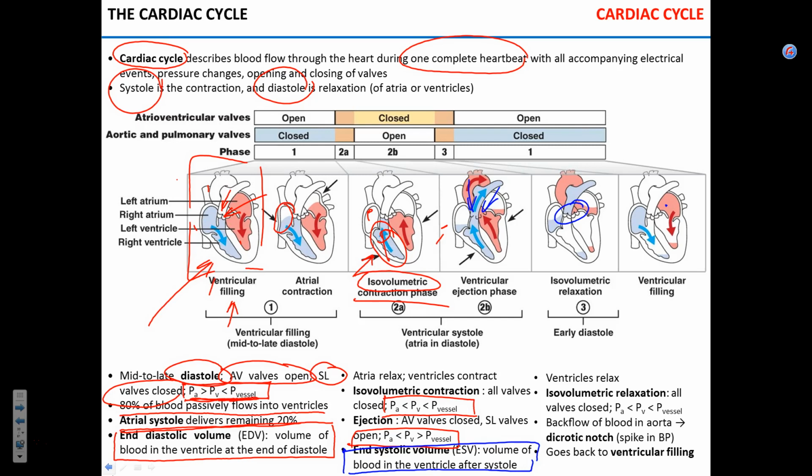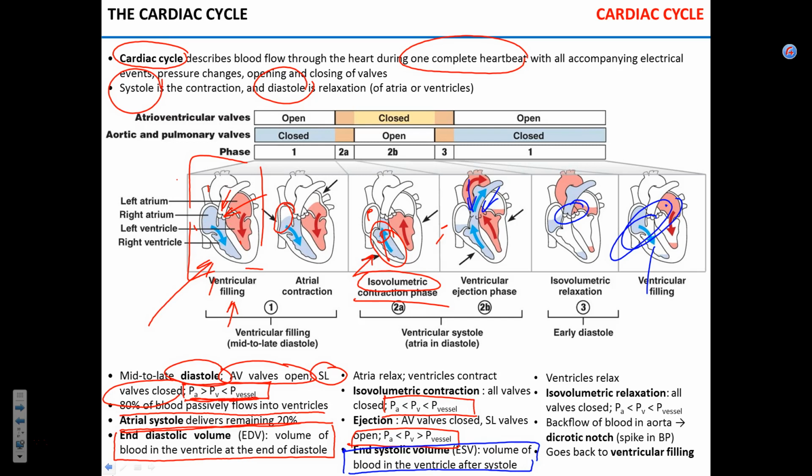Now, since blood has left the ventricle, the pressure in the ventricle precipitously drops, and aortic and atrioventricular valves open up again, and ventricular filling starts again. Cycle is complete. We're clear.